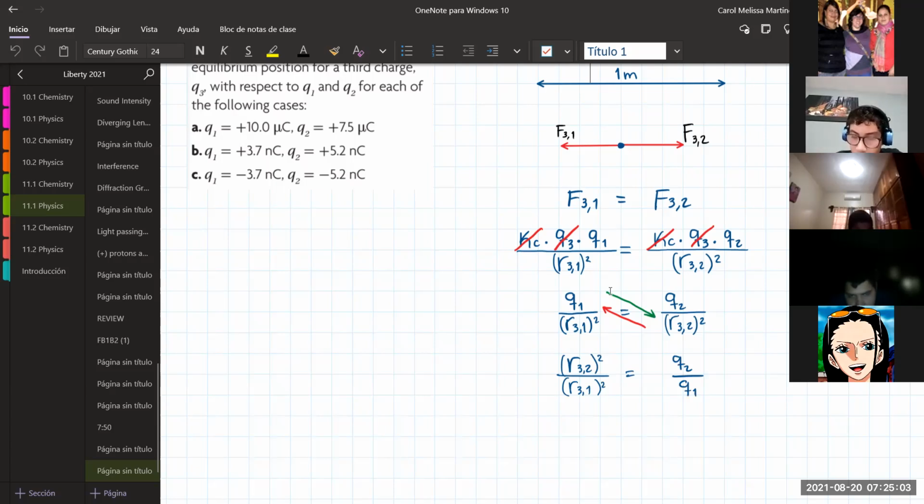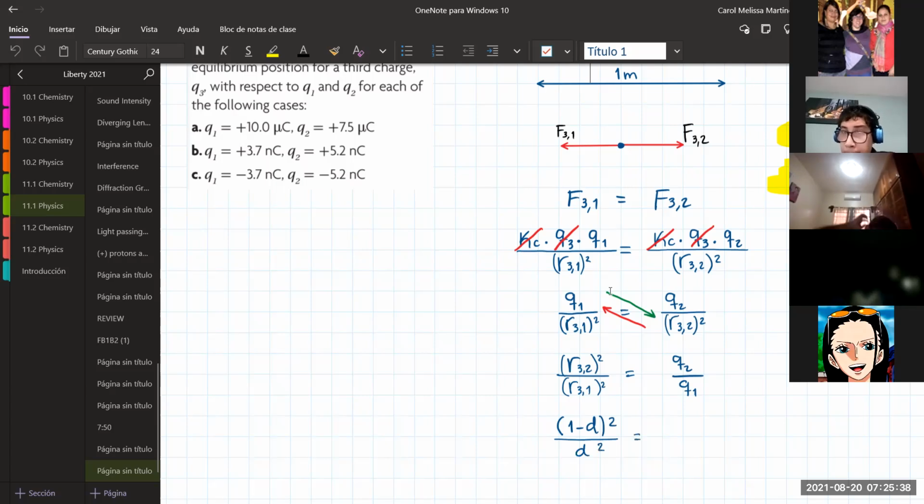Now I will substitute by the givens. So r32 is this value here, which is 1 minus d, raised to the second power, divided by r31, that is d, raised to the second power.